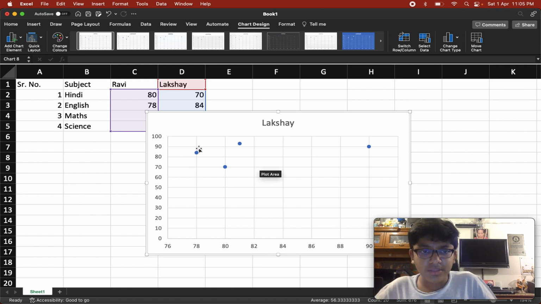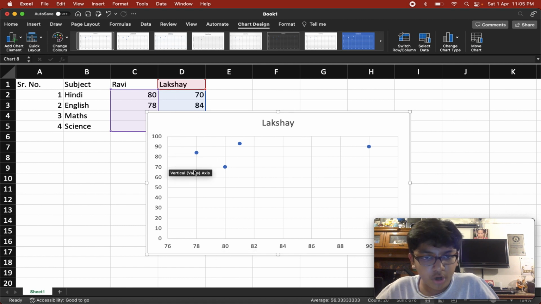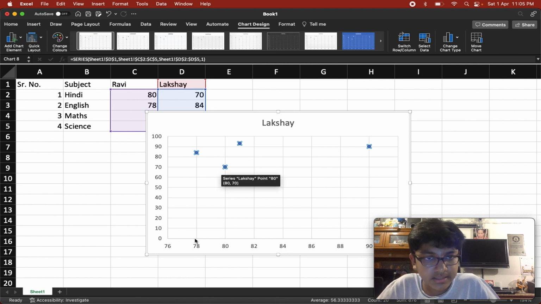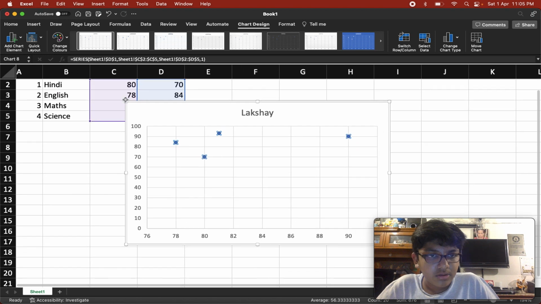So what is happening over here? This is the x and this is the y. So for example, I say 80, so it will go on 80x and it will go on 70y and then plot a dot over there. Similarly, it will go on 78x, and it will go on 84y, which is somewhere here, and it will plot that point, right?